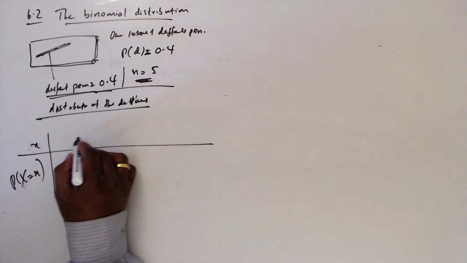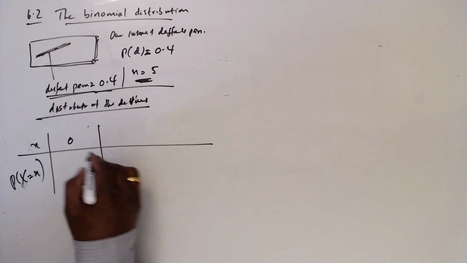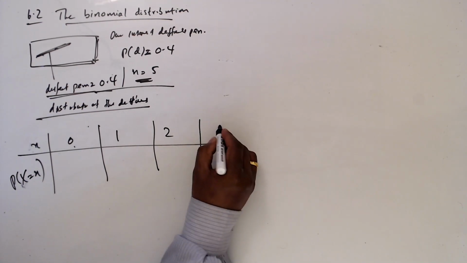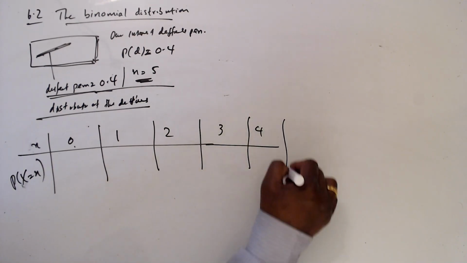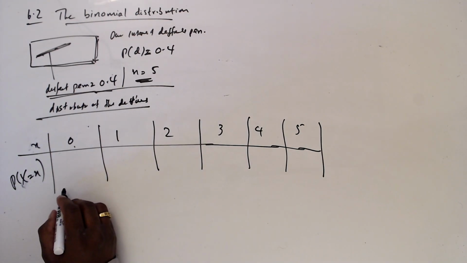So X can be no defective, one defective, two defective, three defective, four defective, or 5 defective.